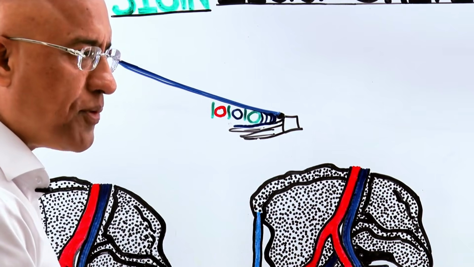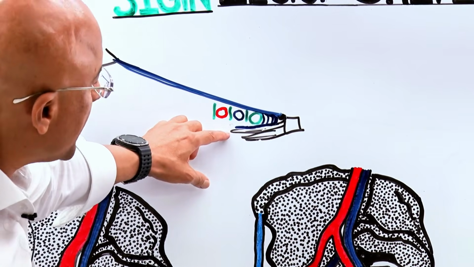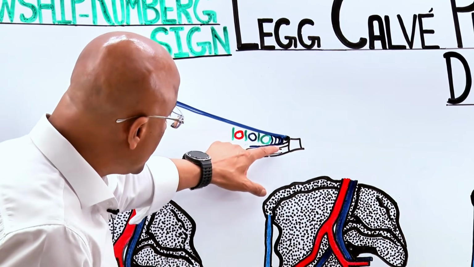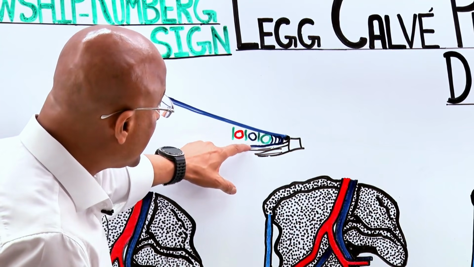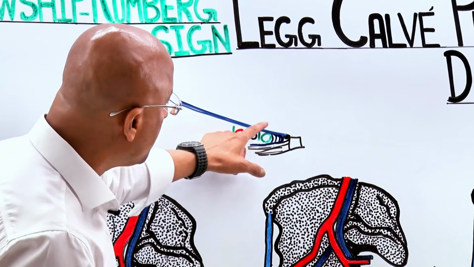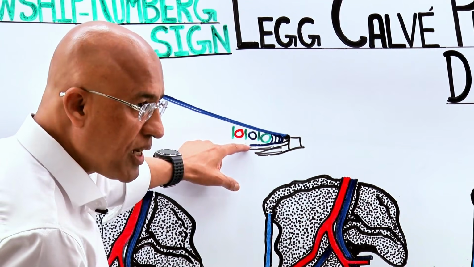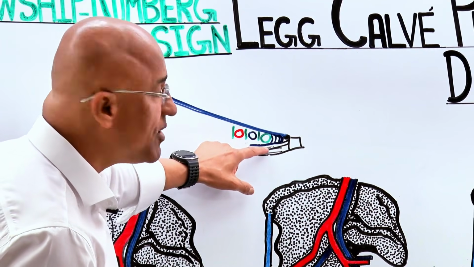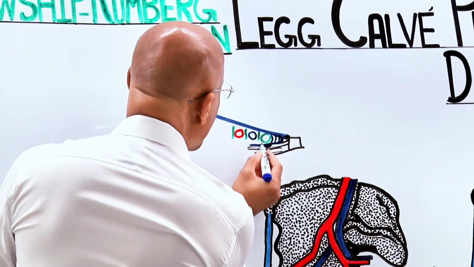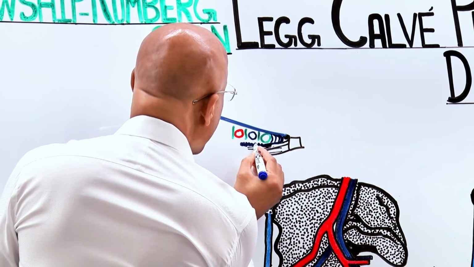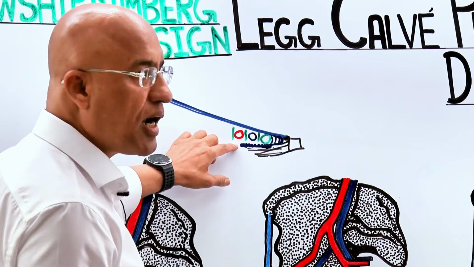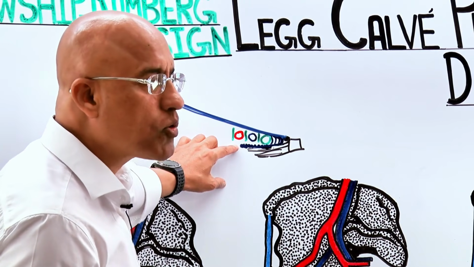Pecten pubis, which is a rough ridge on the superior aspect of the superior pubic ramus, and this is a special thickening made of some fibers coming from the lacunar ligament or reflected part of the inguinal ligament and local thickened periosteum. This ligament is very, very strong, and it is present on the top of the superior pubic ramus. This is called the pectineal ligament or Cooper's ligament.